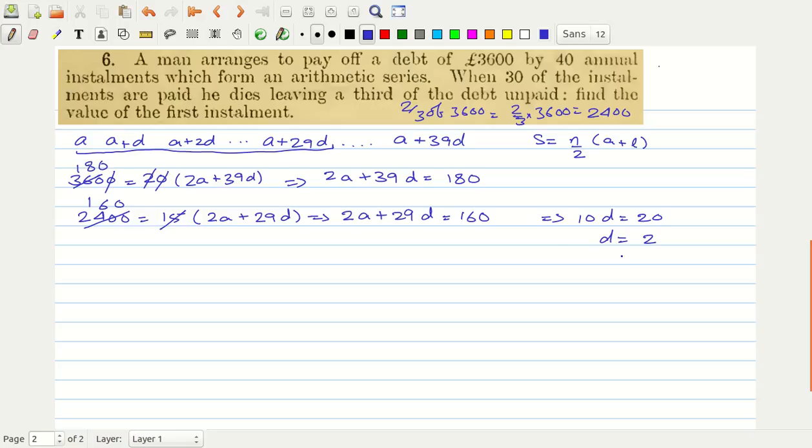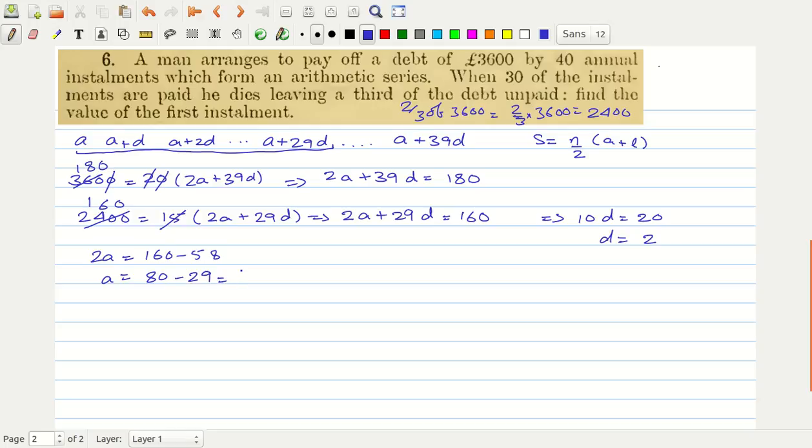So we know the common difference. Once we know the common difference, we can substitute d in any of these equations and find a. So let us substitute in this equation. 2a is equal to 160 minus 29d. 29 times 2 is 58, and therefore a is equal to 80 minus 29.